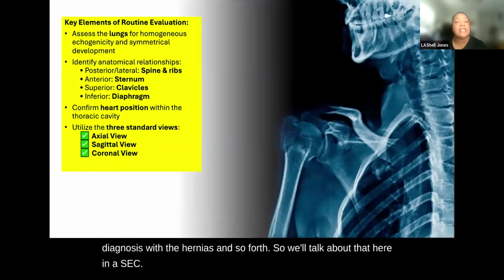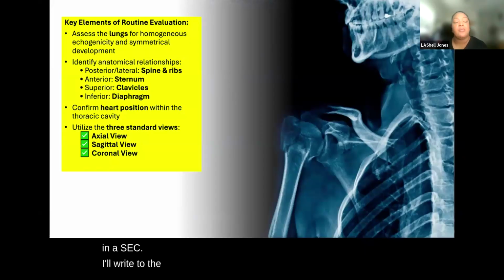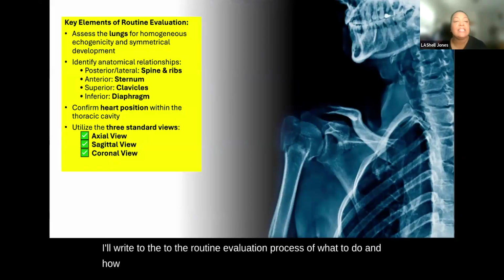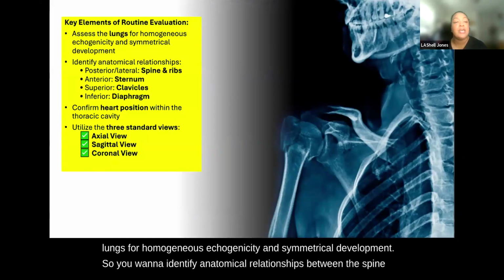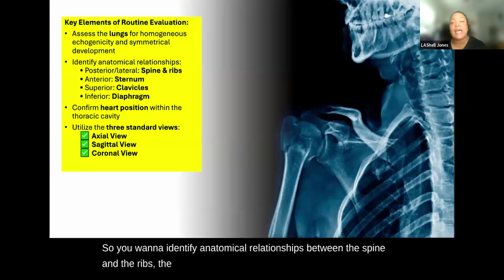All right, into the routine evaluation process of what to do and how to recognize these lung lesions. So first and foremost, assess the lungs for homogeneous echogenicity and symmetrical development. You want to identify anatomical relationships between the spine, the ribs, the sternum, the clavicles, as well as the diaphragm.